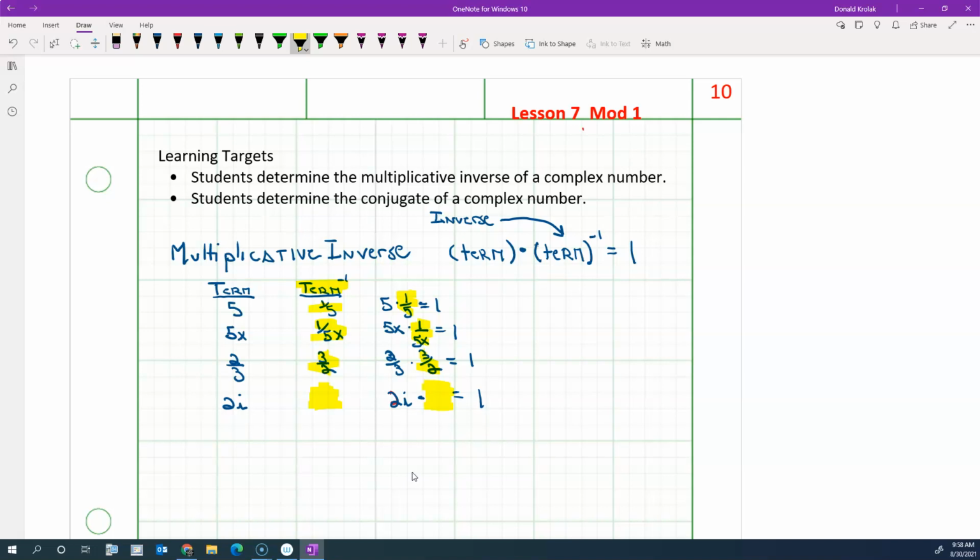1 over 2i? Okay, so let's try that. So we're going to try 1 over 2i. So I got 2i times 1 over 2i. So if I rewrote this, that would be the same. This would be 2 times i times 1/2 times 1 over i.